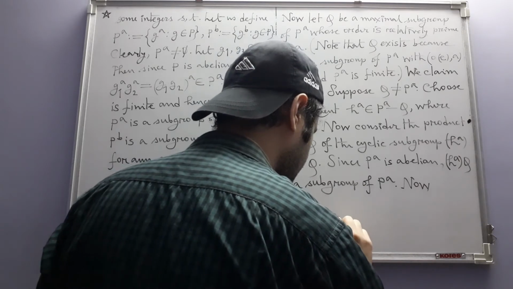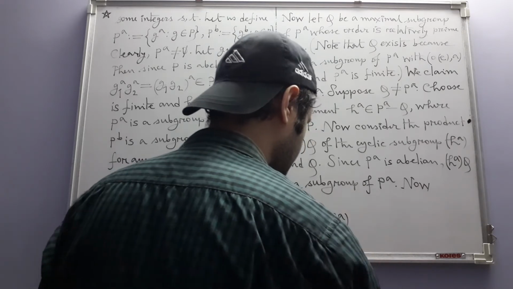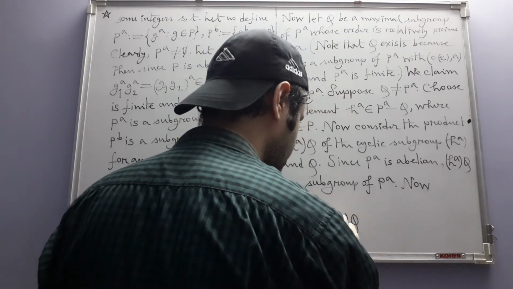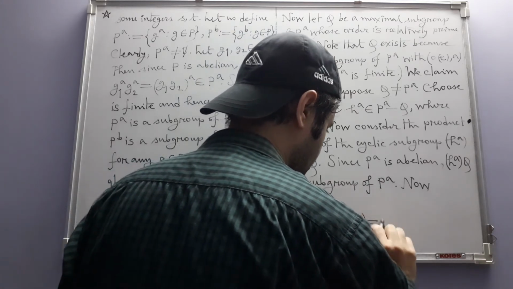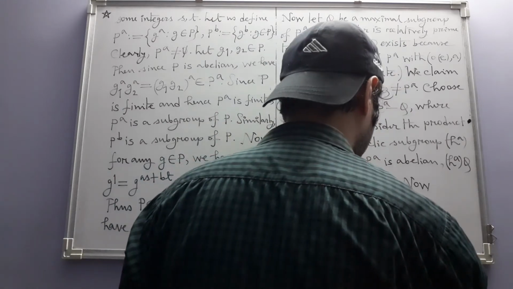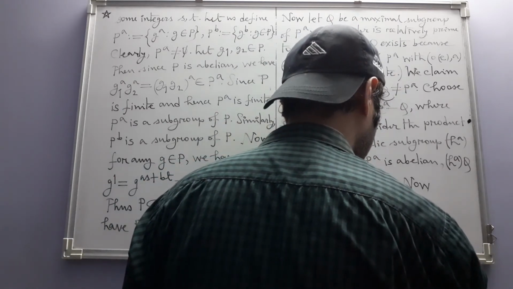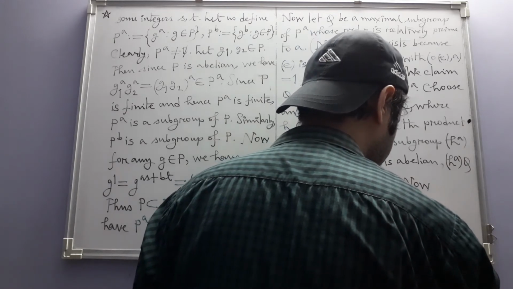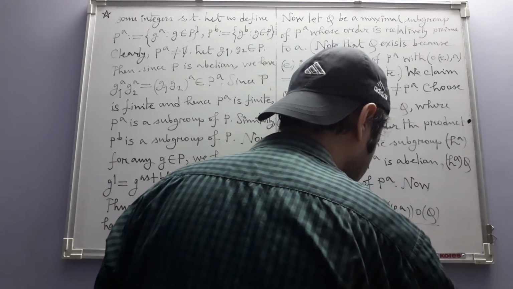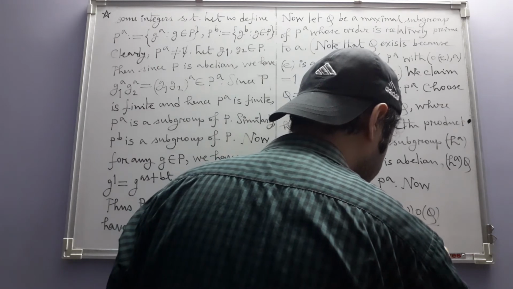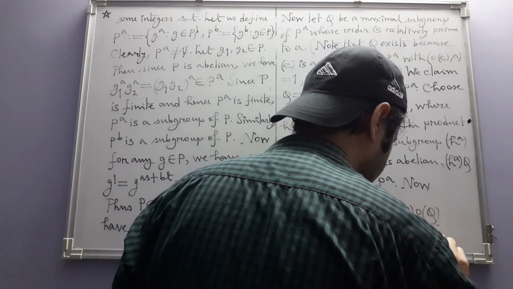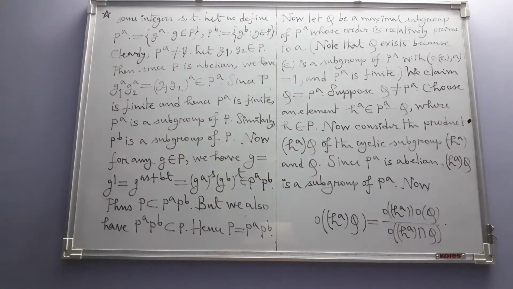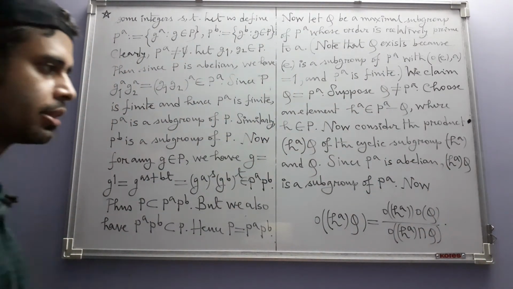Order of this cyclic subgroup times Q. From our formula, this turns out to be equal to order of the cyclic subgroup times order of Q divided by order of their intersection. Okay, we have just used that formula.